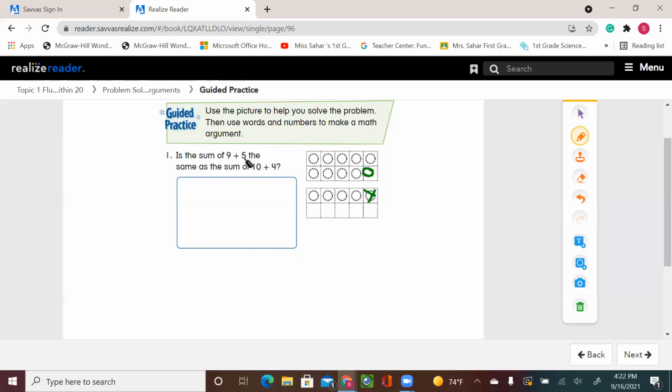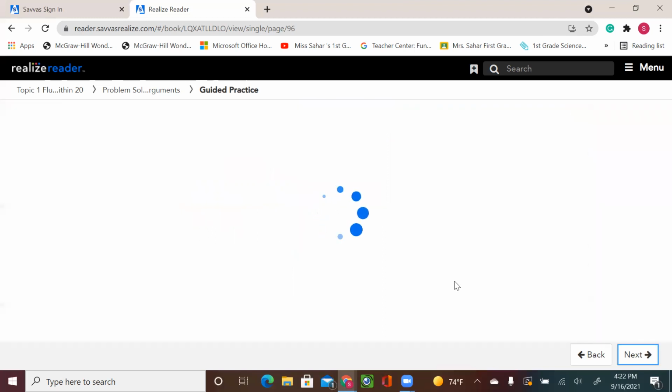So 9 plus 5 is the same as the sum of 10 plus 4. And my answer would be 14. So 9 plus 5 equals 10 plus 4 equals 14. Okay, let's go for the next one.